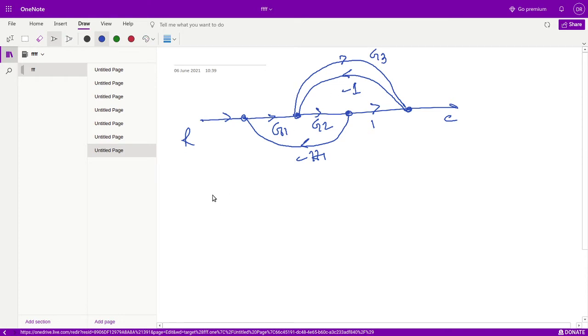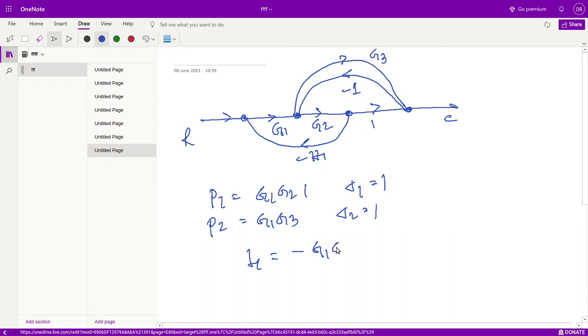Okay, so first, what is P1? G1 into G2 into 1, therefore delta 1 equals 1. What is the value of P2? P2 equals G1 into G3, and also delta 2 equals 1. Okay, and now L1: this is one loop, so the value is minus G1 G2 into H1. Right, and what is L2?